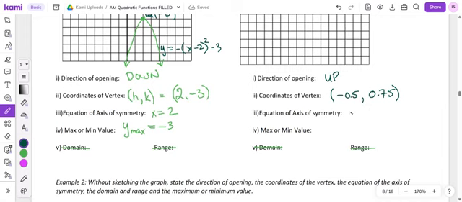Axis of symmetry. If it opens up, do we have a max or min? Great. And it's going to be at 0.75.